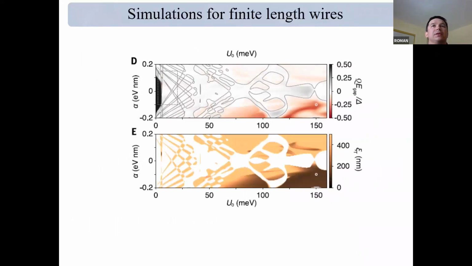So here's the phase diagram as a function of spin orbit coupling and band offset. And by the way, ARPES data tells us that the band offset is very large. It's of the order of several hundred meV. So here, as you can see, as we are increasing the band offset, the magnitude of the gap is increasing, and also the coherence length in the topological regime becomes smaller. So this is good news, because that's the relevant experimental regime.